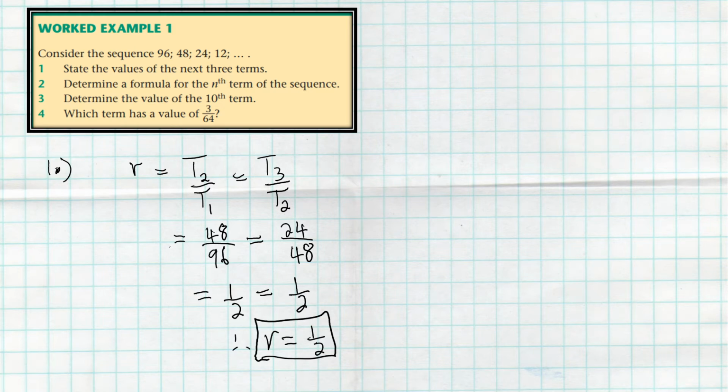Now we can get the next terms. How do we get them? We multiply the previous term with the common ratio. To get the next 3 terms, we start on 12. We say 12 multiplied by the common ratio, 1 over 2, gives us 6. That's the first next term.